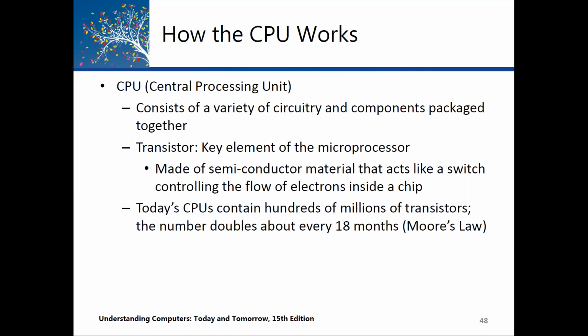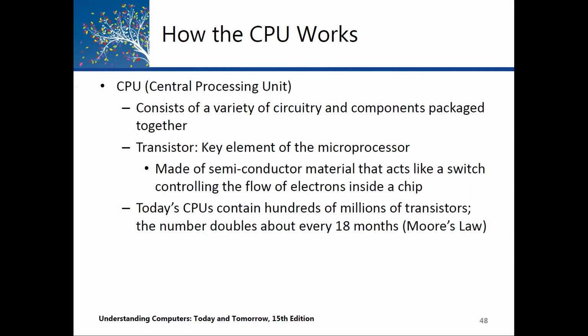So today we will be discussing how the central processing unit, how the CPU actually works, right? As discussed earlier, a CPU consists of a variety of circuitry and components packaged together. The main key element of the processor is the transistor.